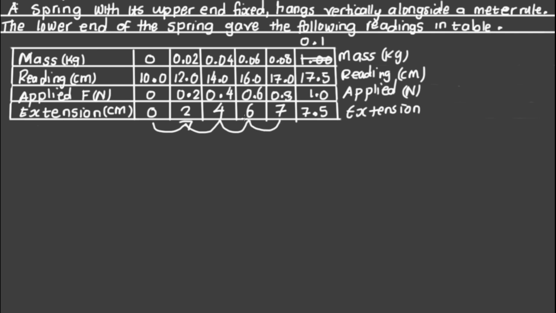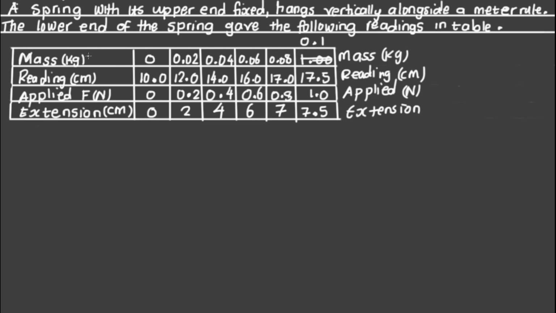Then 6 to 7, the extension was 1. 7 to 7.5, the extension was 0.5. So if we kept on adding, it will reach a point where the extension stops. So that is what we call the elastic limit. So here, here, here, here, this is where we have a direct proportion because the numbers had the same order.